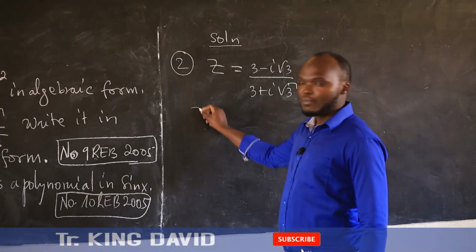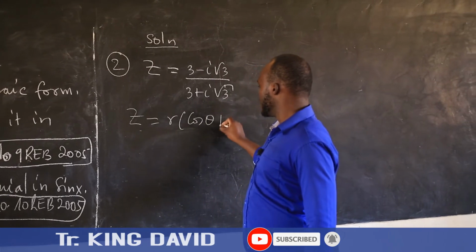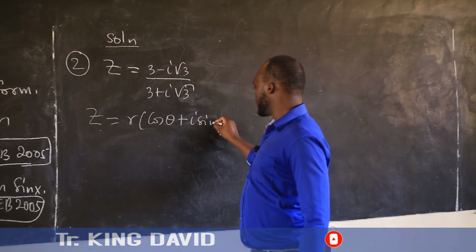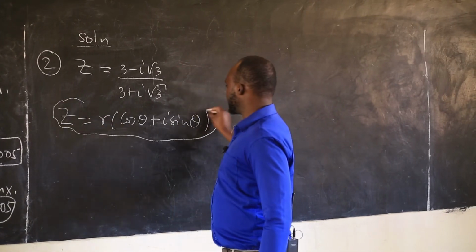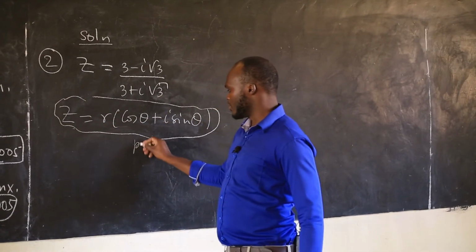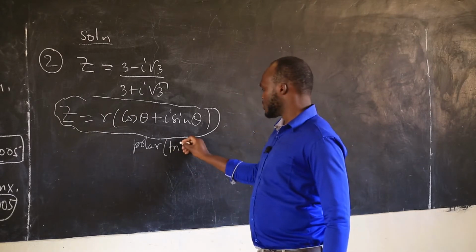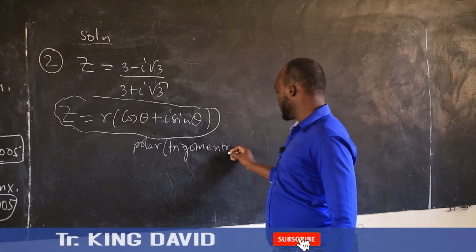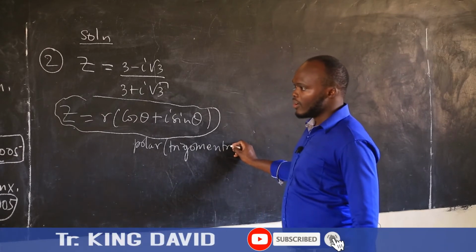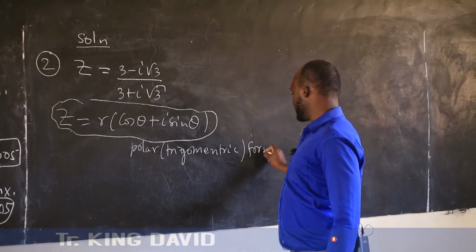Remember the polar form of a complex number is z equal to r into bracket cos angle plus i sine angle. This is what we call polar or trigonometric form of a complex number.